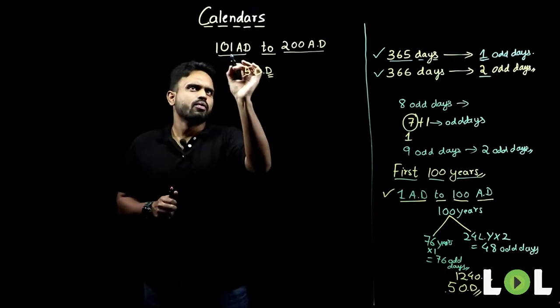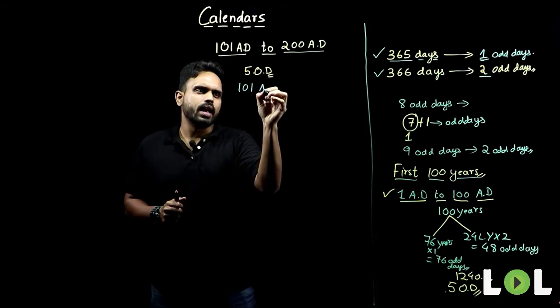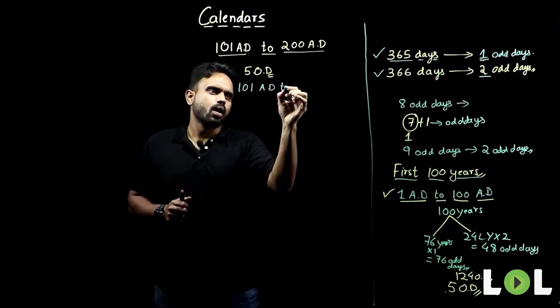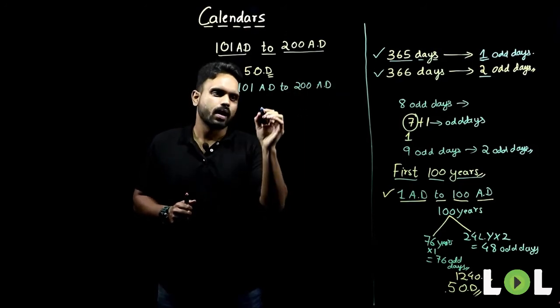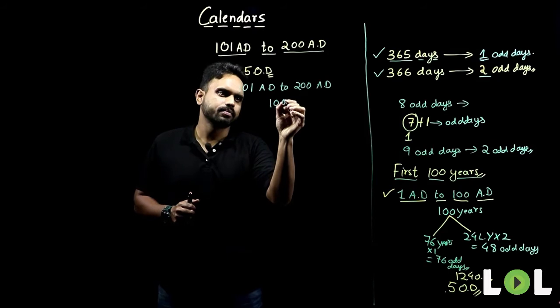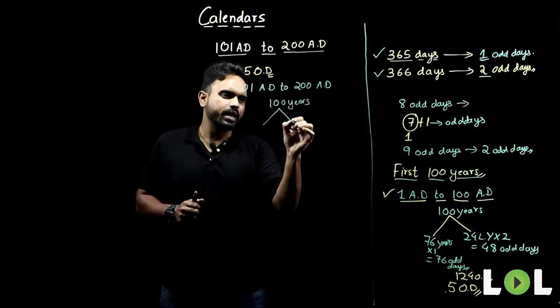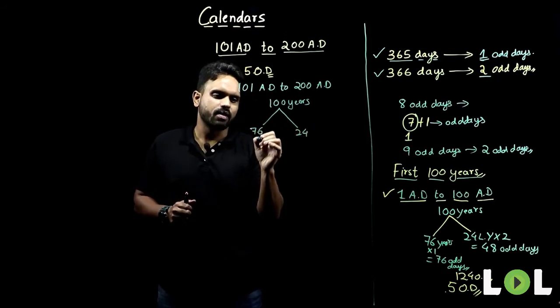Next, from 101 AD to 200 AD, how many years do I have? I have again 100 years. In these 100 years, how many leap years do I have? 24. How many normal years do I have? 76.